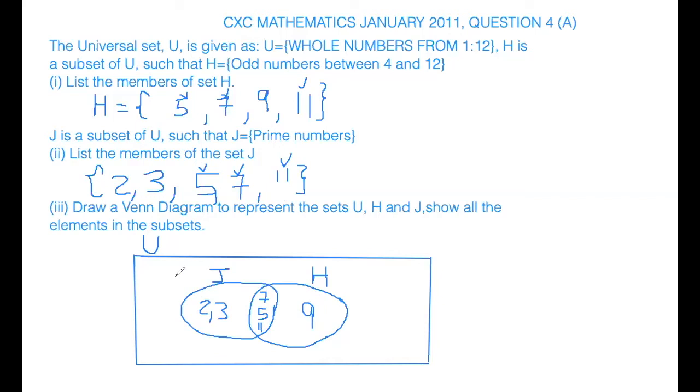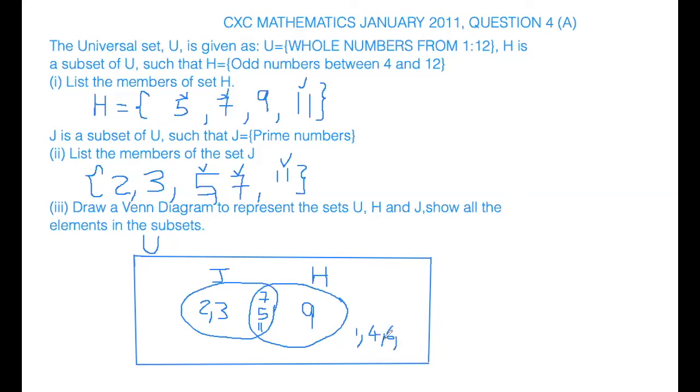Now, which numbers are not used? Remember, the universal set is between 1 and 12. Whichever numbers we don't have here, but are between 1 and 12, we'll write outside sets H and J. We don't have the number 1, so I'll put 1 outside of the set. We have 2, 3, but not 4, so 4 is outside the set. We have 5, but not 6, so 6 is outside.